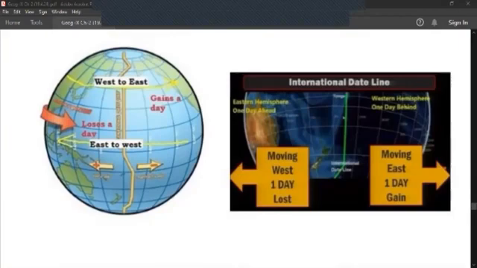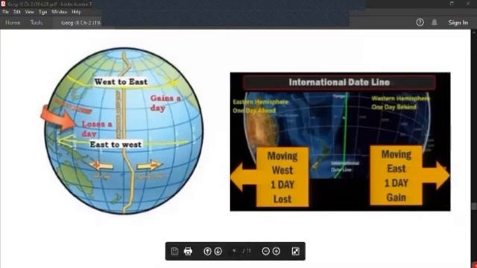To avoid the confusion of having different dates within the same country, the date line bends and goes zigzag at Bering Strait, Fiji, Kiribati Islands and some other islands of the Pacific Ocean. Students, I hope you have understood this topic about the international date line.